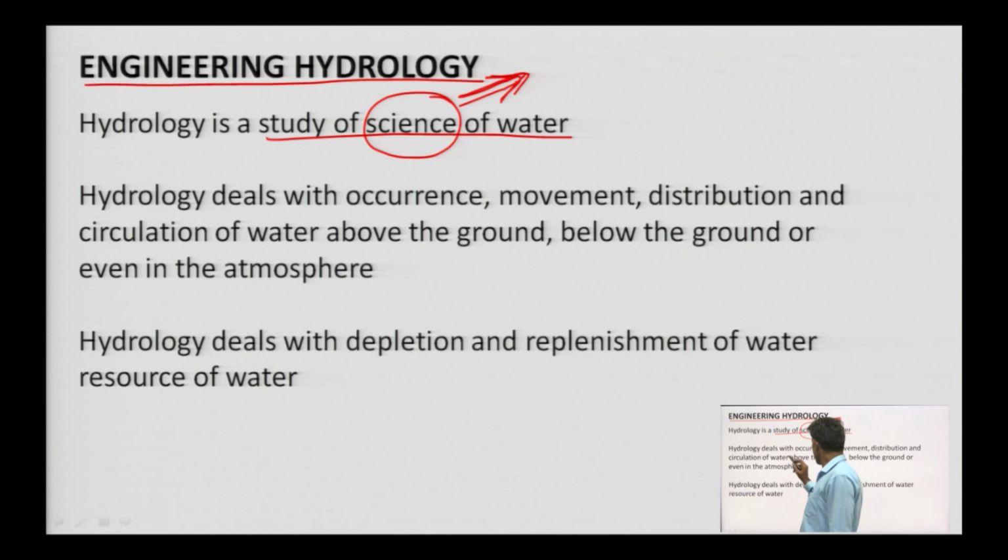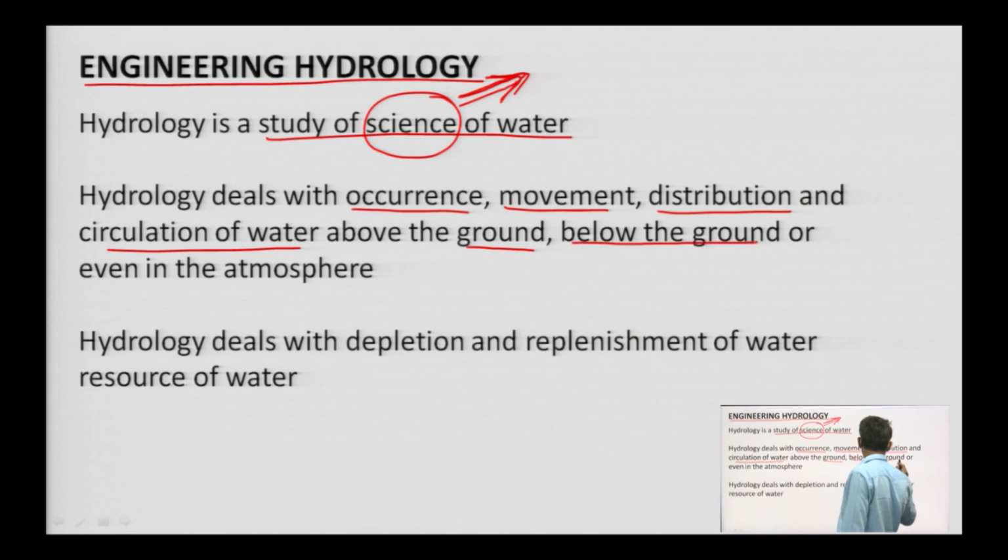Hydrology deals with the occurrence, movement, distribution and circulation of water above the ground, below the ground, or even in the atmosphere. Circulation means the different forms of water.